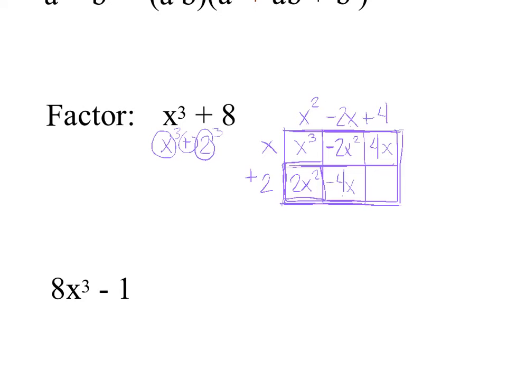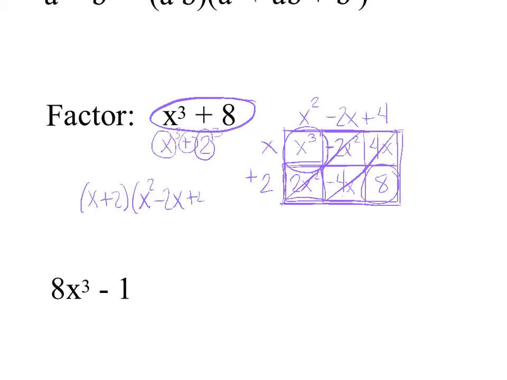And if I do that, 4 times 2 gives me 8, which is what I want. So these guys cancel out, and these guys cancel out, and I'm left with x cubed plus 8, which is exactly what I wanted. So now I can say that this times this gives me x cubed plus 8. So x plus 2 times x squared minus 2x plus 4 equals x cubed plus 8.